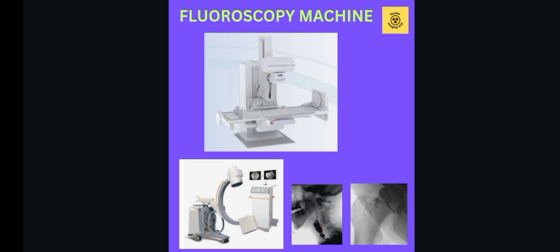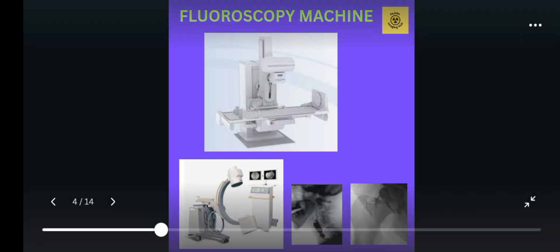In people that have difficulty in swallowing, we can give them something to swallow, so we can watch it as it passes down the gullet, so we can know the area that is abnormal. These are the images of the fluoroscopy imager. These are the kind of images we obtain.